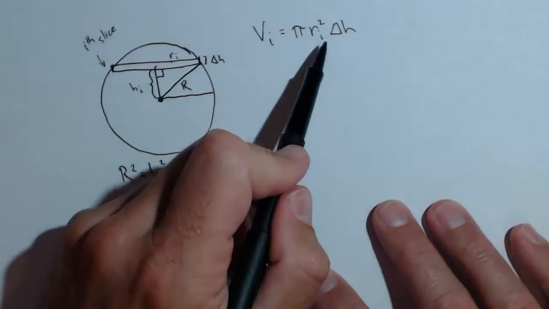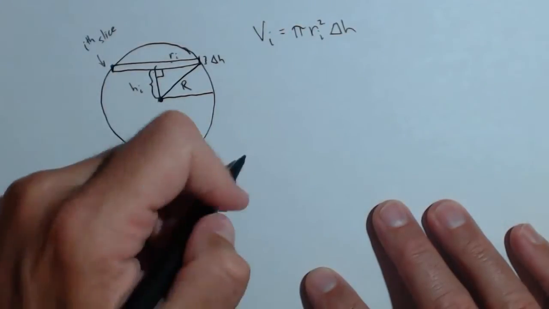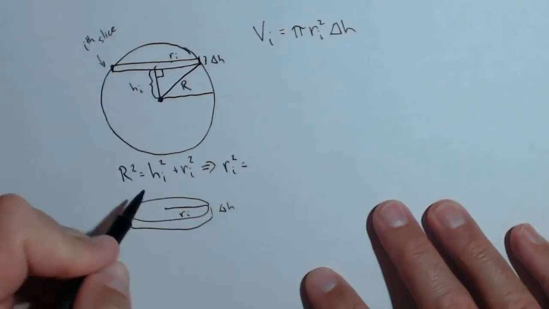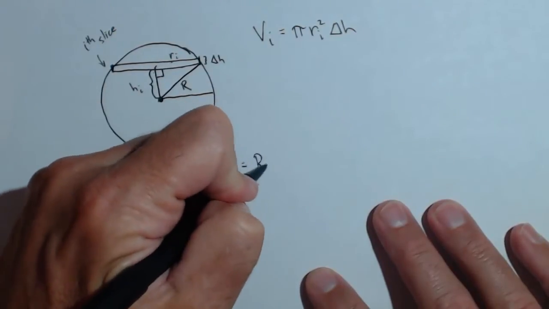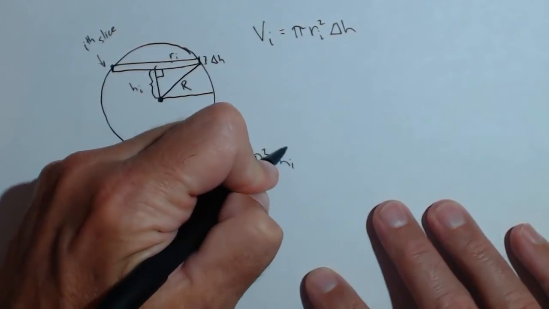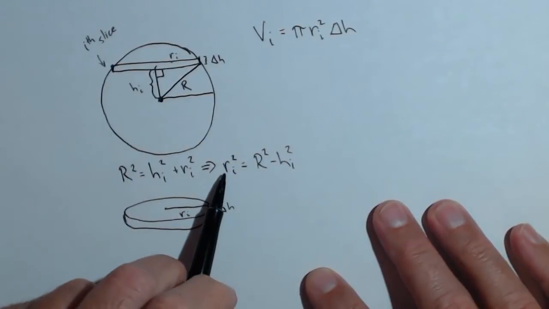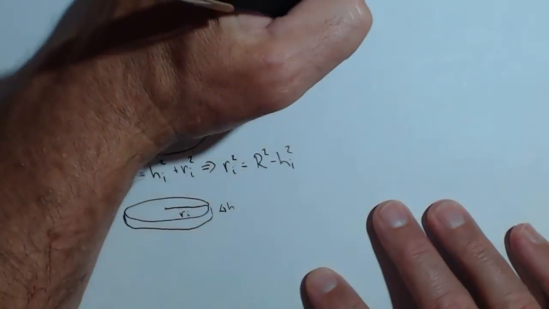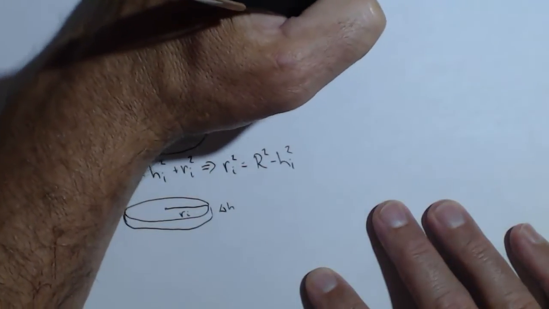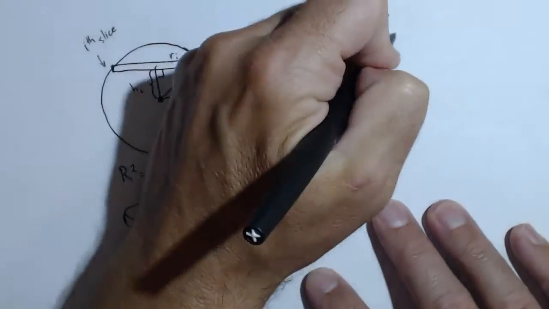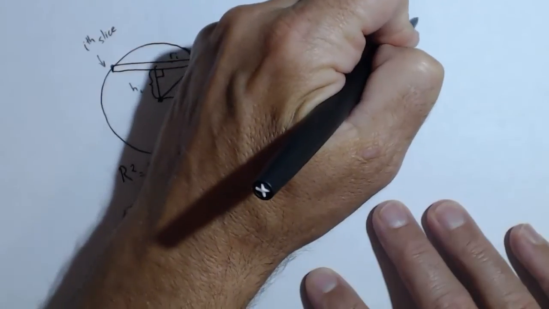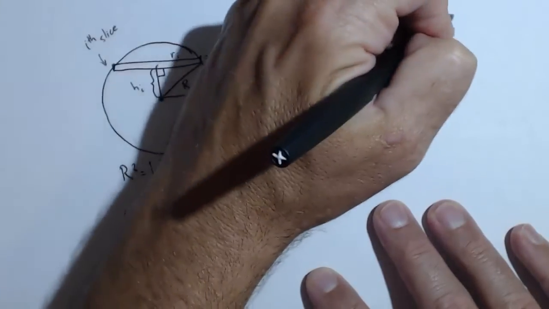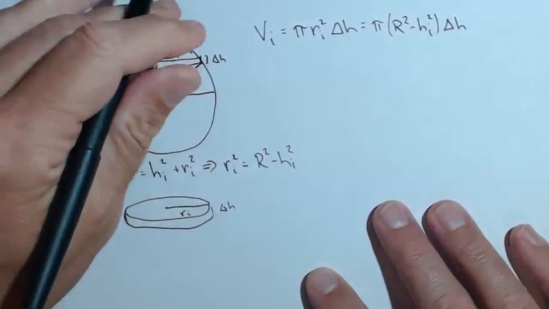I want to sub out r sub i and put in h sub i, so I'm going to solve this for r sub i. And actually, I can solve it for r sub i squared, save myself a step: r squared minus h sub i squared. If you take the square root of it, you'll just end up squaring it here, you'll end up back here, and that's fine. There's nothing wrong with that. So pi times r squared minus h sub i squared delta h.